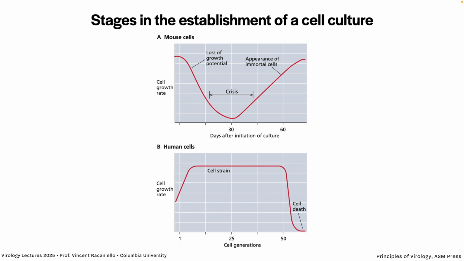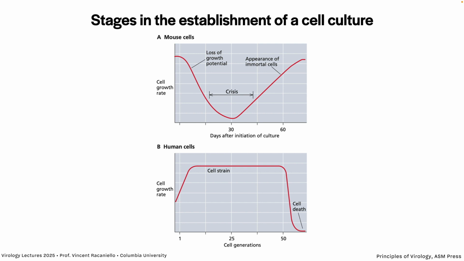Now, this is another view of transformation in cells in culture. On the top, we take mouse cells. So we do the same experiment with the mouse embryo. We make single cells and we plate them out in culture. And we're looking here at the cell growth rate versus the day after you start the culture. And you can see the mouse cells, they will grow, but then they start to die, slow down in growth.